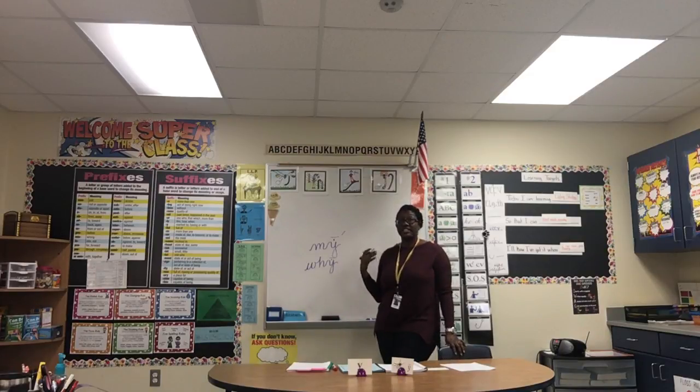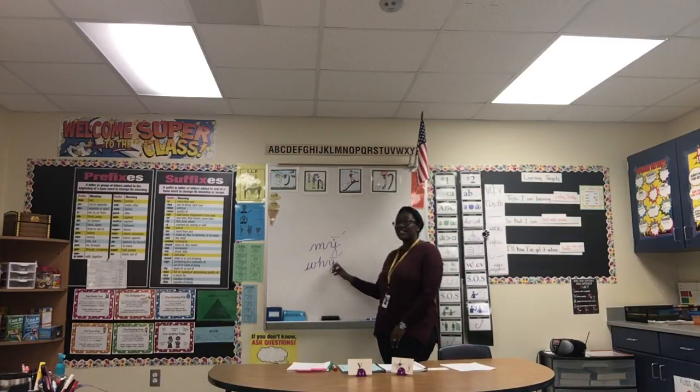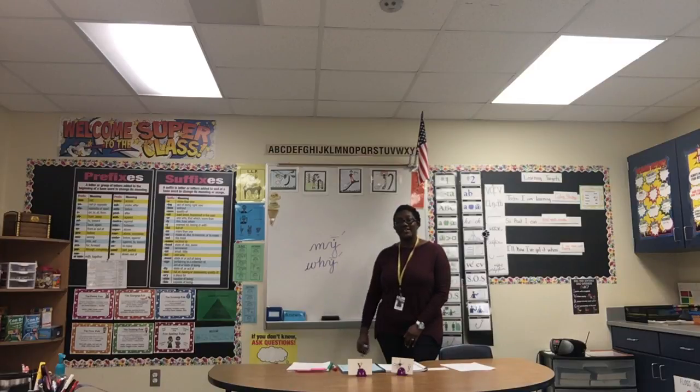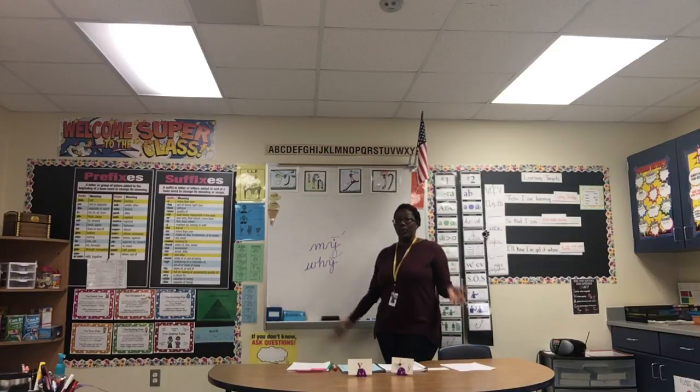So that tells us that that Y sounds like an I. The next word is why. One syllable word. It's accented. So that tells us that that Y is going to sound like an I because it's a one syllable base word and the whole word is accented. So it is an I sound.